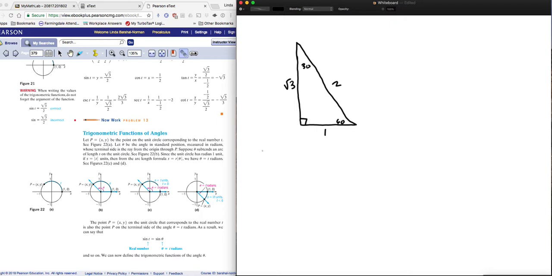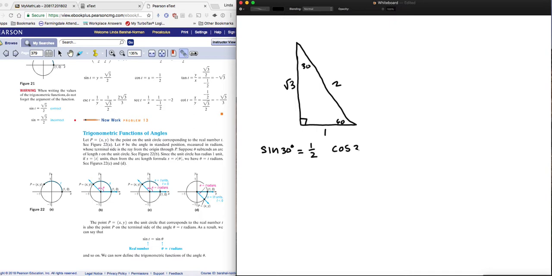All right, so let's start with sine of 30 degrees. Sine is opposite over hypotenuse, so that's 1/2.